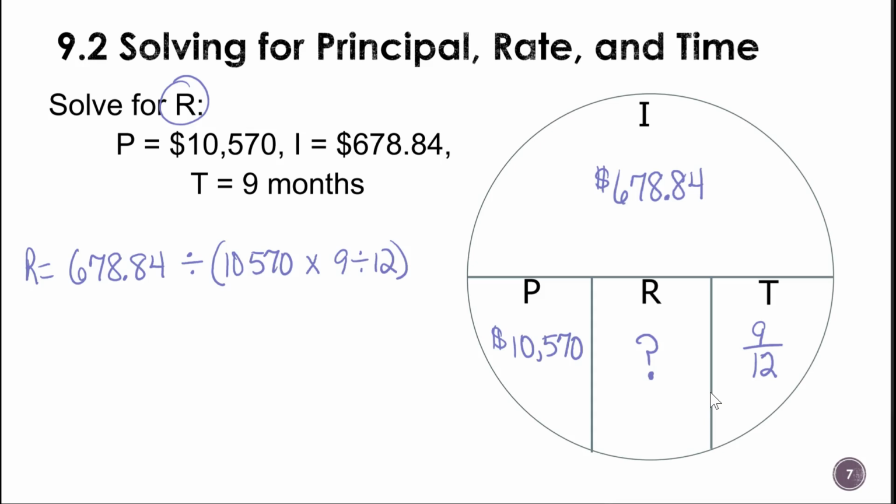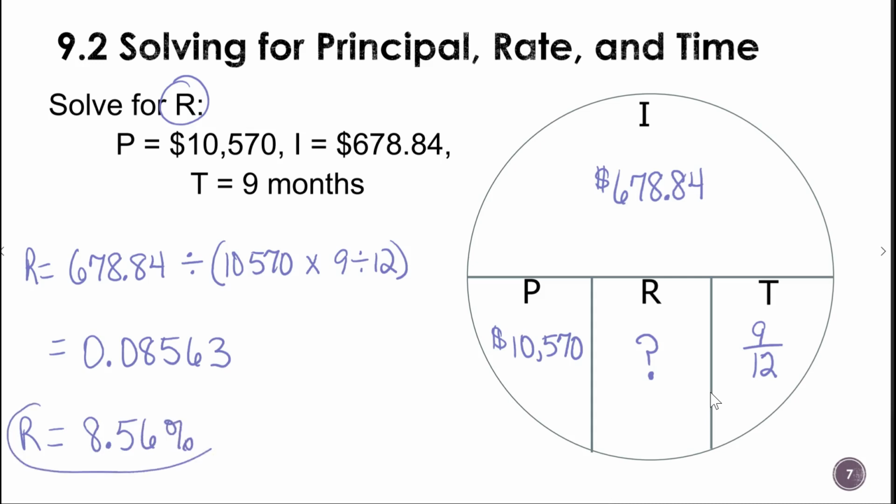This is what you enter, just exactly like I have it written. When we calculate this, it's 0.08563. As a percent, right, my rate would be 8.56%, rounded to the nearest hundredth of a percent.